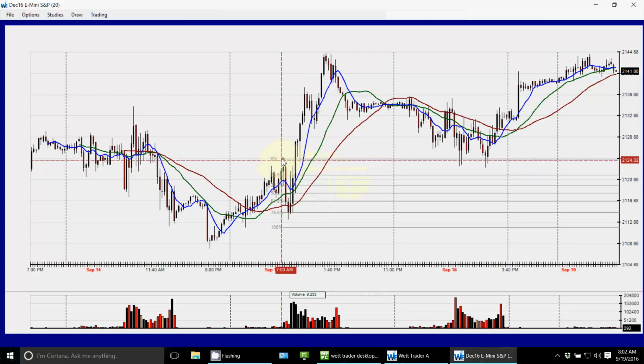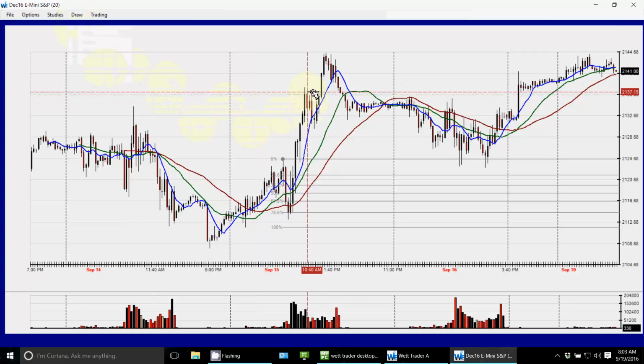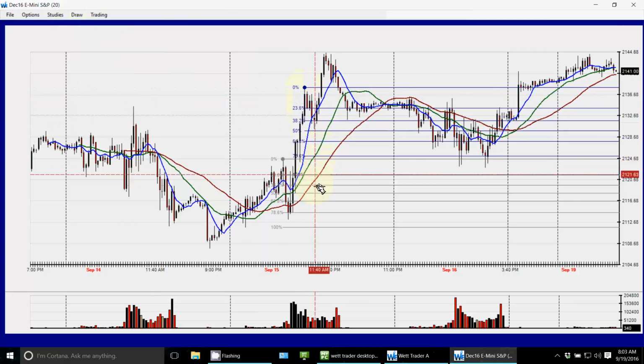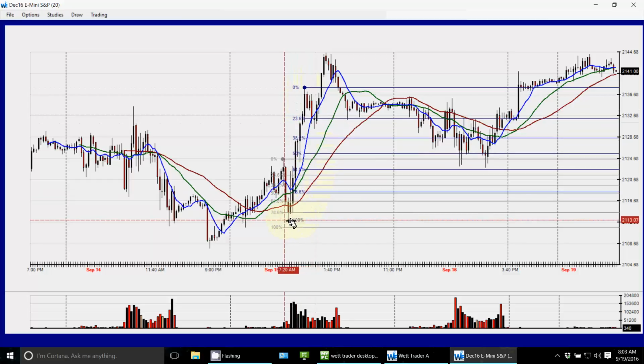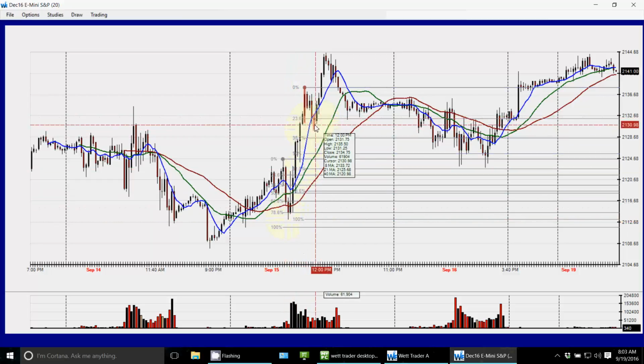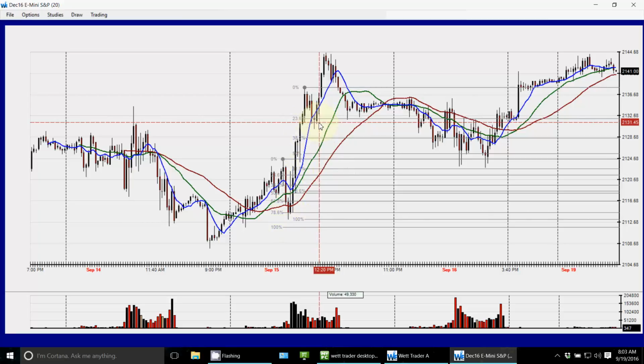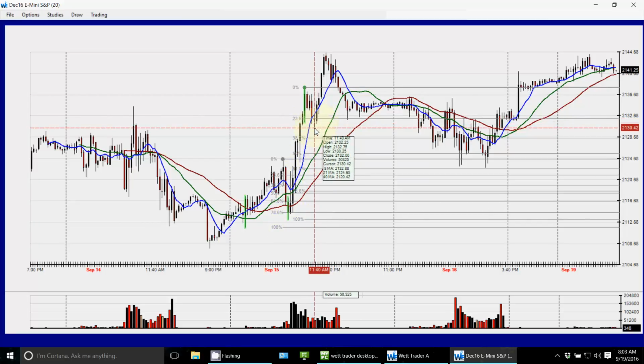Point and click. I have never seen a software that's this easy. Here's another wave high, wave low here. We found support here at the 23.6% retracement level. This is a higher low, as you can see by the green, right?